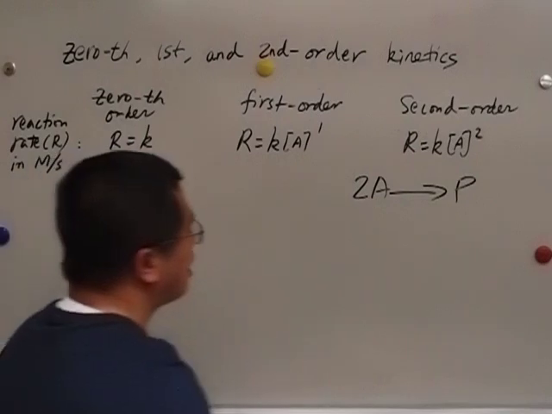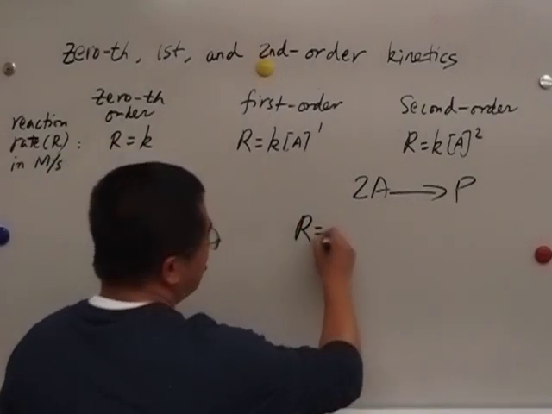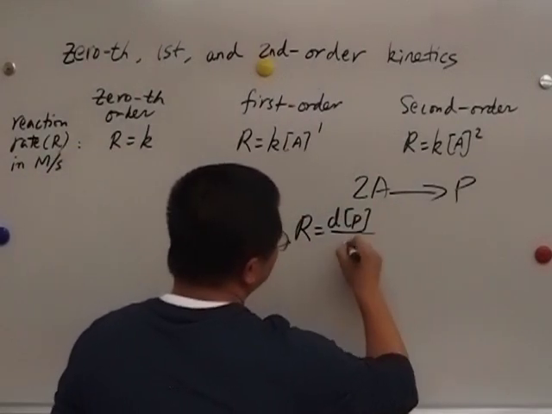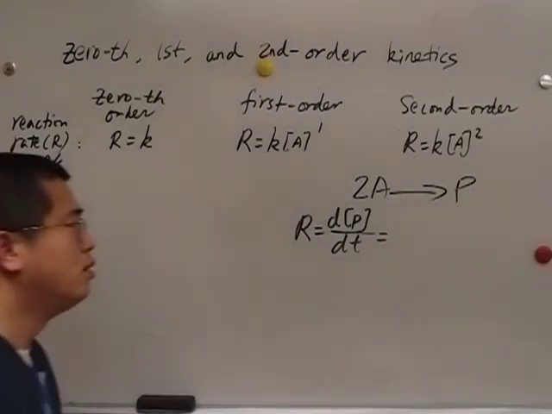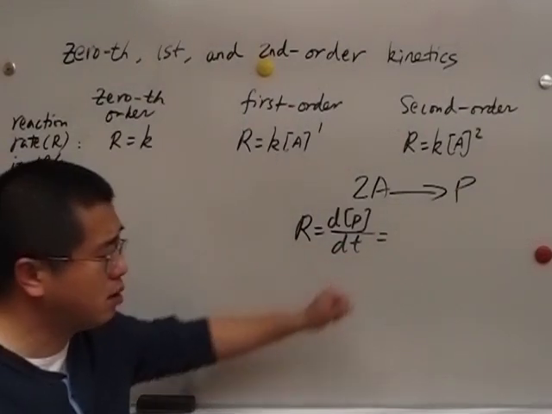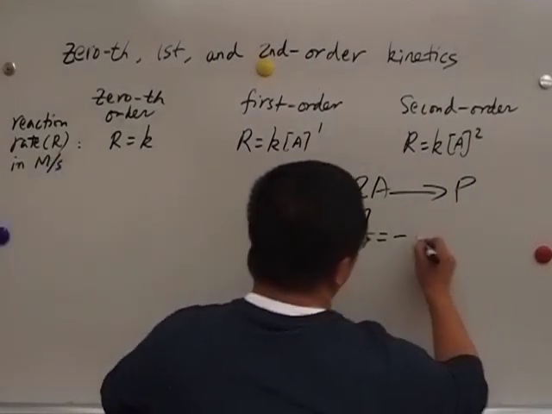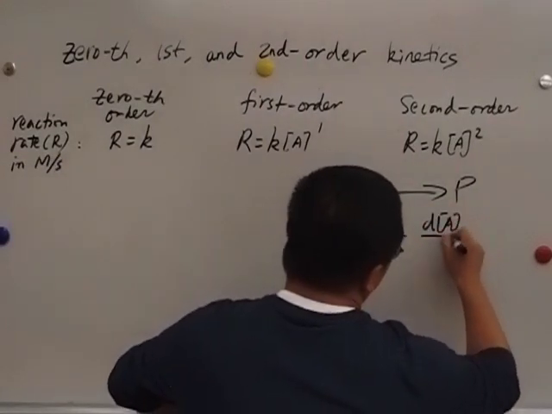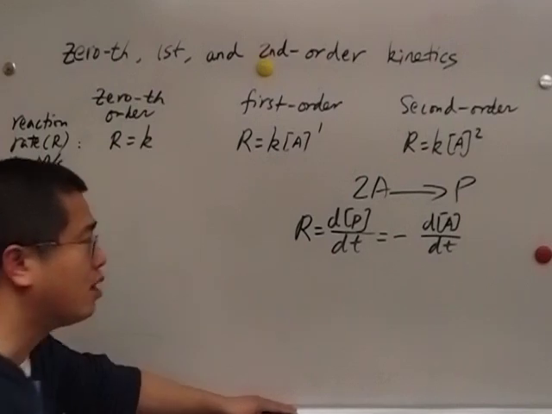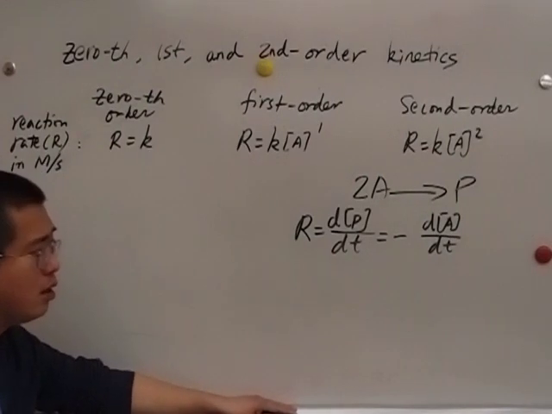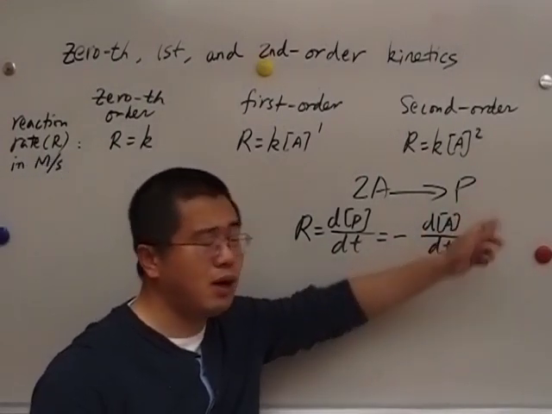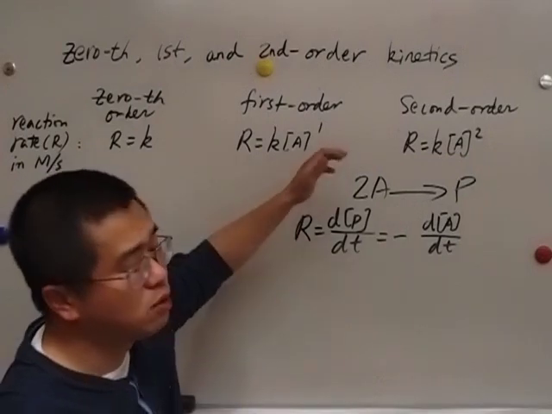Again, we're going to look at the reaction rate. Reaction rate is this, how fast the product is formed, and then we're going to do this. And we'll have to stop here and think. To produce 1 P, we have to consume 2 A's.